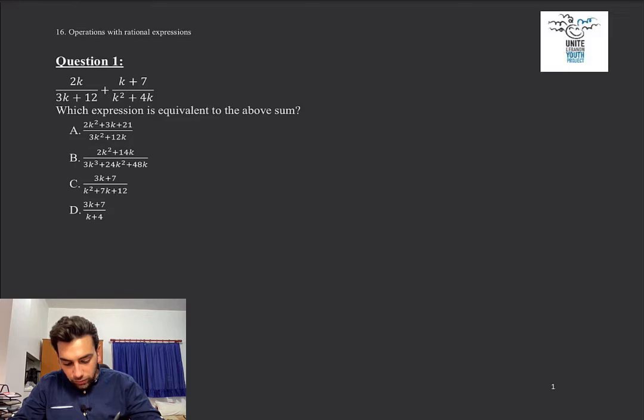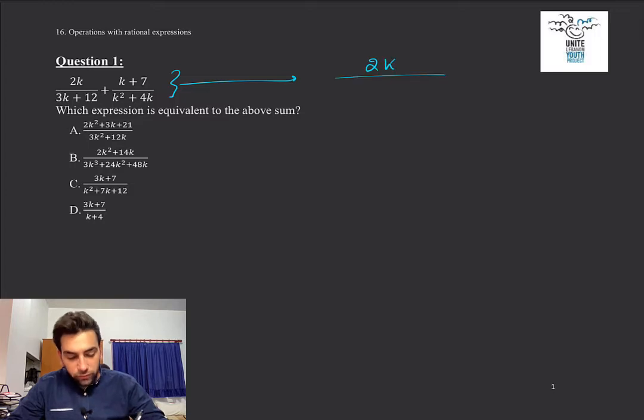Let's take this expression and try to factorize its denominators. So we'll keep 2k in the above numerator and just take 3 as a common factor. You will get k plus 4. As for the other part of the sum, we will keep k plus 7 in the numerator and we will factor out k in the denominator, which will give us k plus 4.